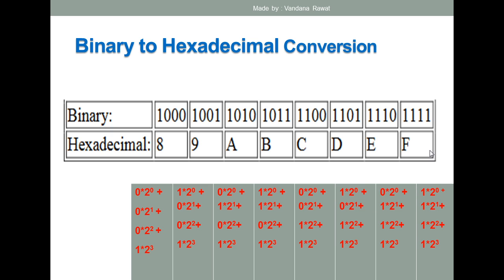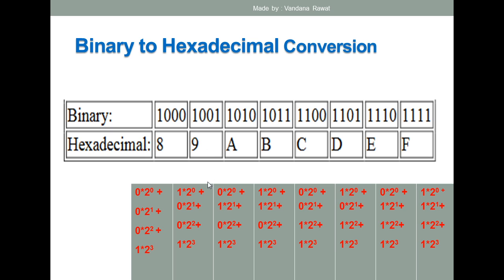So if there is one example where you have to convert a hexadecimal number, and the number is 9D. Okay, this is one hexadecimal number, 9D, and you have to convert it into binary. So what will be the binary equivalent? For 9 you know that we can write 1001.